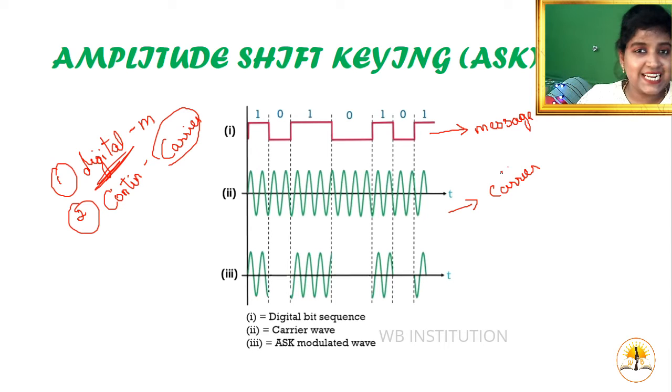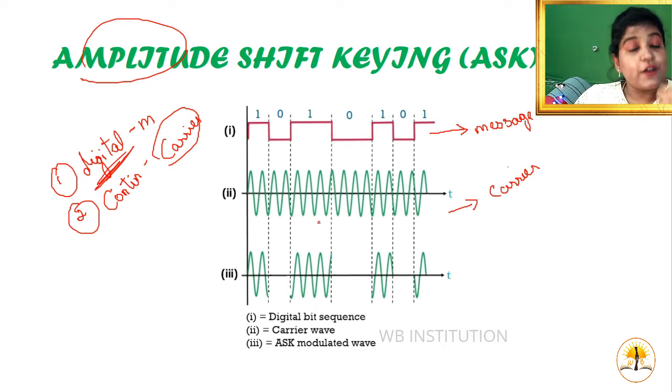Actually, what exactly is amplitude shift keying? It is the process in which the amplitude of the carrier signal is modulated. Very important point: the amplitude of the carrier signal. Since it is amplitude shift keying, the amplitude of the carrier signal is shifted or keyed.